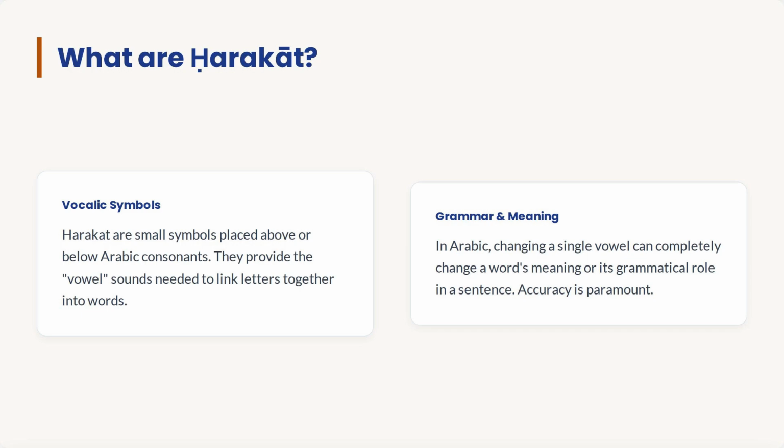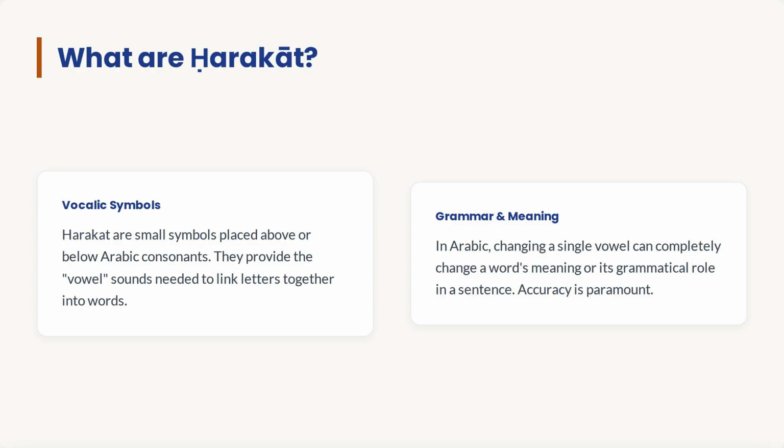So today, we're going to learn about Harakat. Those Harakat help us to distinguish the right pronunciation of a word and sentence. In Arabic, the alphabet consists of 28 consonants.